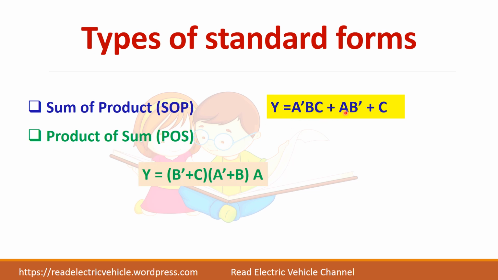So here C is missing, here AB is missing. The plus sign is here, so we call it sum of product. ABC is a product, and we are using the plus symbol to combine these. Here it is product of sum. In this equation only A is here, but it is in product form, so it comes under POS form.